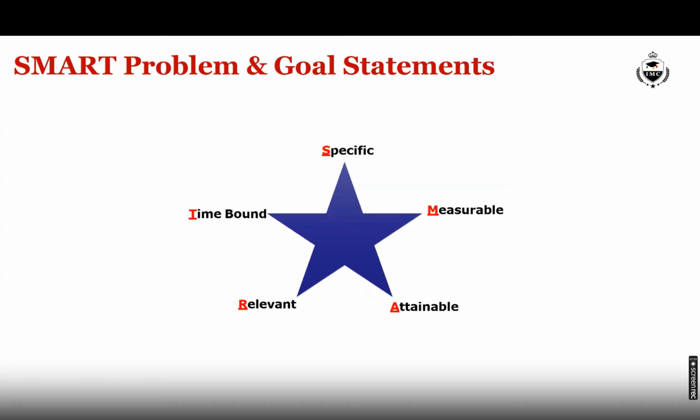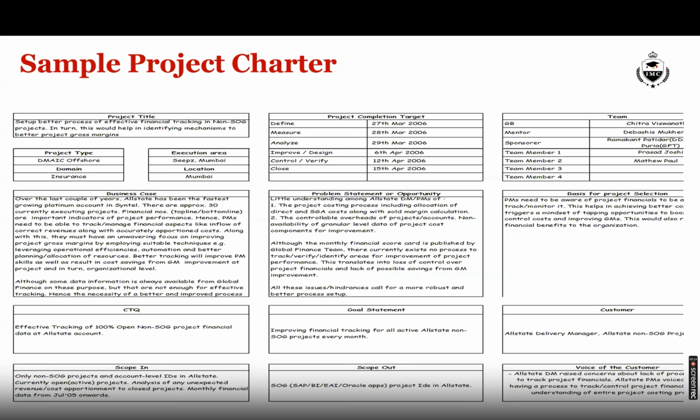Now, SMART, I think all of you know, it's a very common quality management and project management term that we use, which indicates that whatever be your problem and your goal, especially I will talk about goal, it should be specific, measurable, attainable, relevant, and time bound so that based on a specific time limit, you can complete your Six Sigma project.